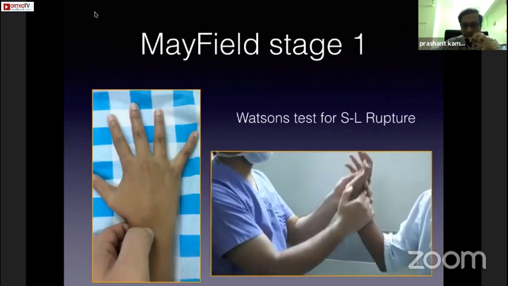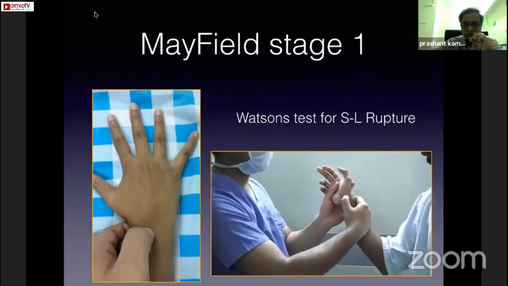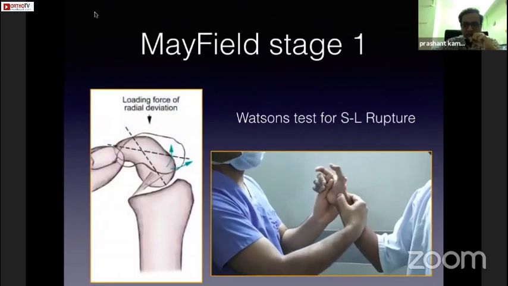Keep your thumb at the scaphoid tubercle and move the wrist from ulnar to radial deviation. As you move the wrist to radial deviation, the scaphoid tries to flex, as we have seen in the 4DX motion video, and your thumb will push the scaphoid out over the dorsal margin. This will be appreciated by the patient as a pain or a click. That makes the Watson test positive.